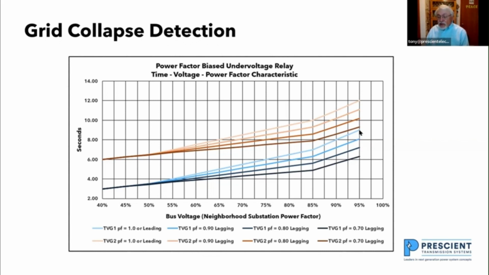If the power factor is at unity, I'm not going to shed load until about, this looks like, 9 seconds. So this curve has the same point at 40%, but the time changes or expands as the power factor changes as a function of voltage.